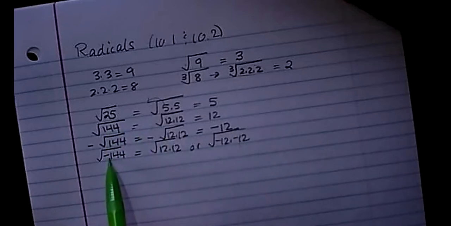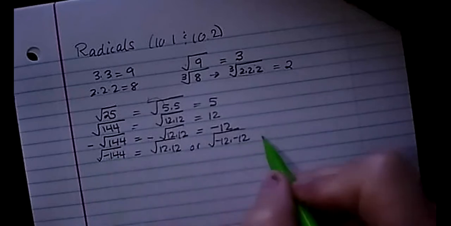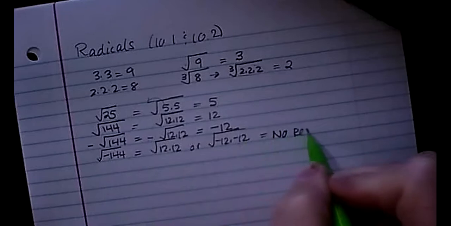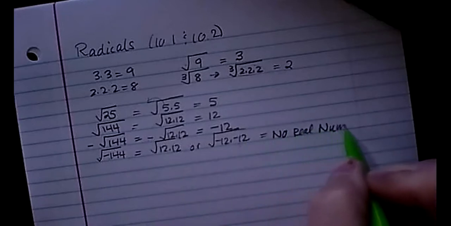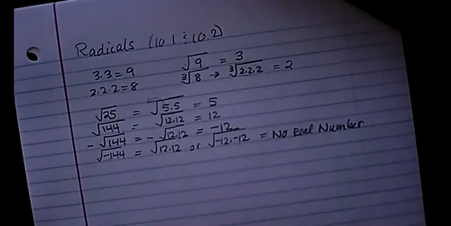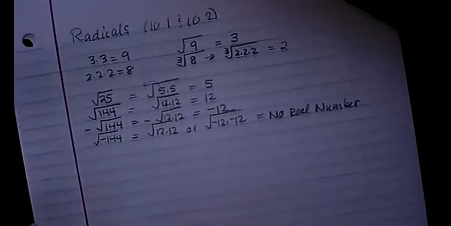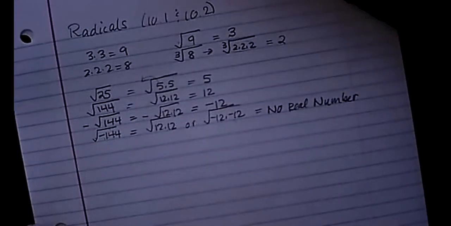So there's no way that we can get a negative when it's a square root. We could not get a negative underneath that. So that just means there's no real number for this. And eventually you'll learn about complex numbers, which are a way to start solving this type of problem. And we'll do that in our next course.